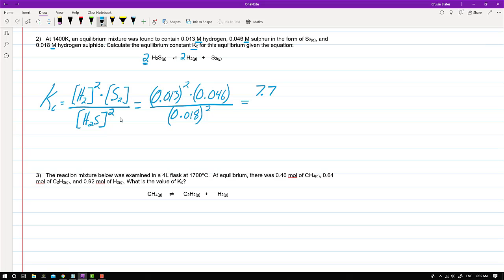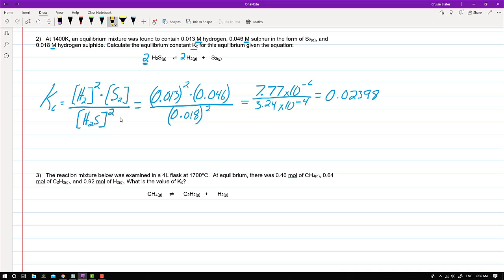We get 7.77 times 10 to the minus 6, and our denominator is 3.24 times 10 to the minus 4. That's great. We do our final calculation, and I get an answer of 0.02398, I believe. I'm trying to look back at my notes there.